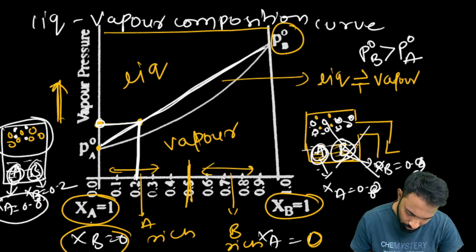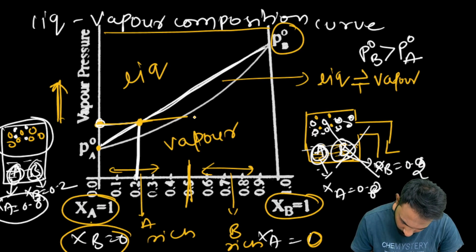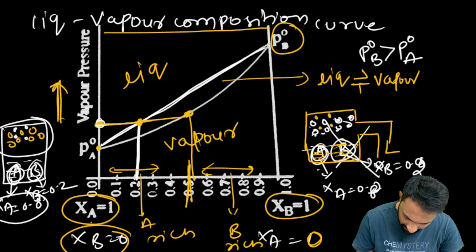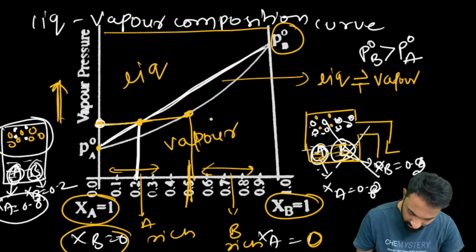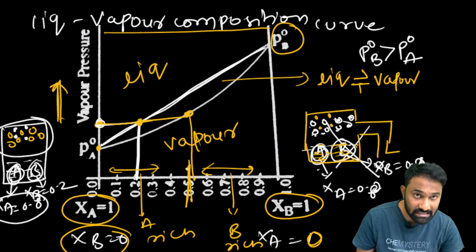For that, what do you do? You just extend this curve. When you extend this curve, it will reach some point here. This point is somewhat higher than 0.5, arbitrarily speaking.